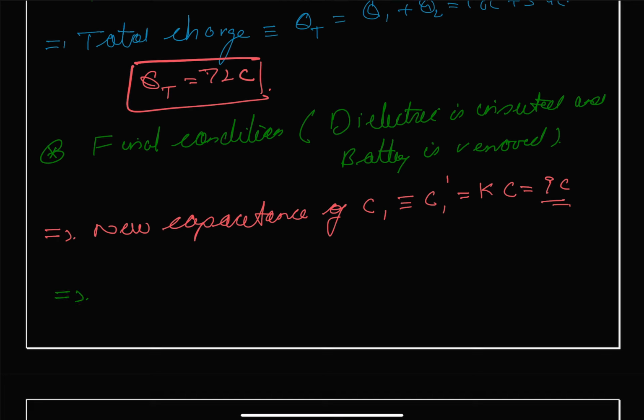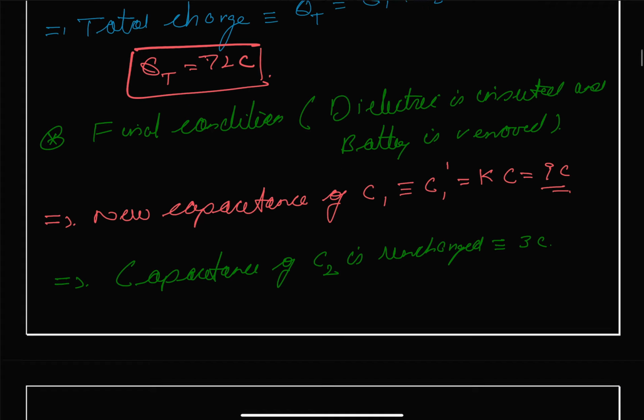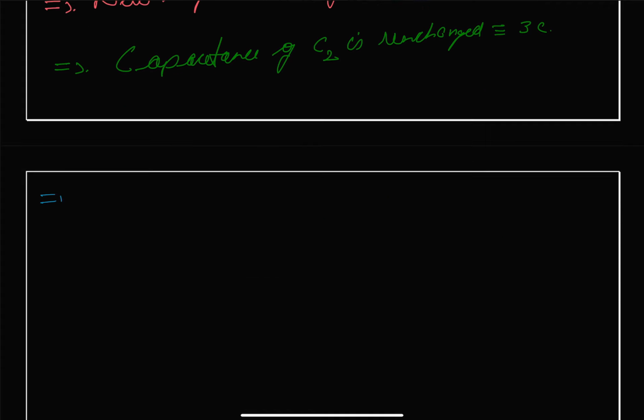So the capacitance of C2 is unchanged, therefore it will be equal to 3 times C, and the total charge is also going to remain the same, that is QT is 72 times C.